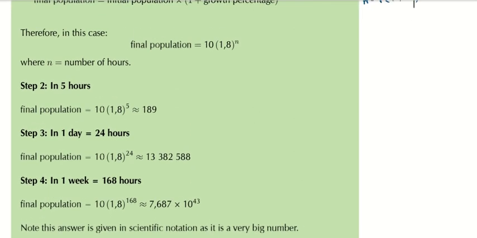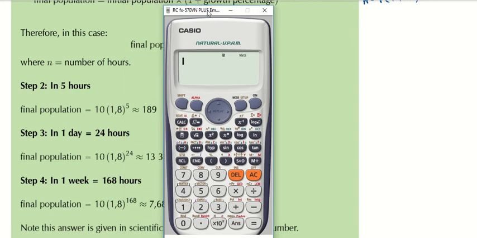Alright, so in 5 hours, we go to our calculator and have everything substituted, so it's going to be 10 multiplied by 1.8 to the power of 5. I would advise you to rather put that in brackets for safety.